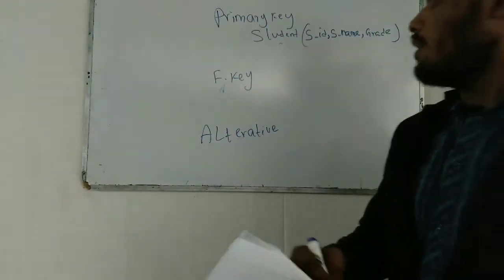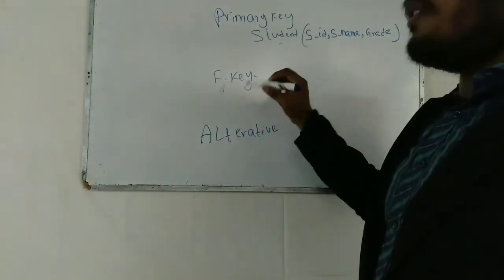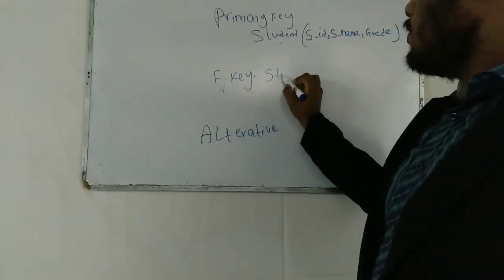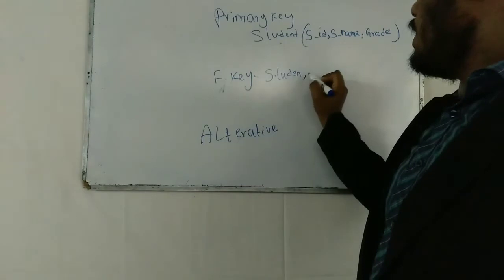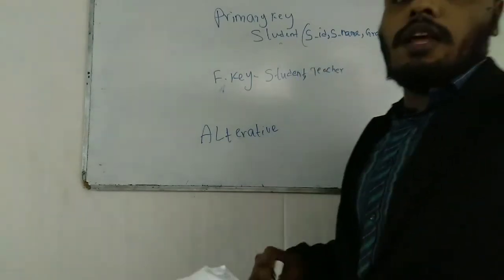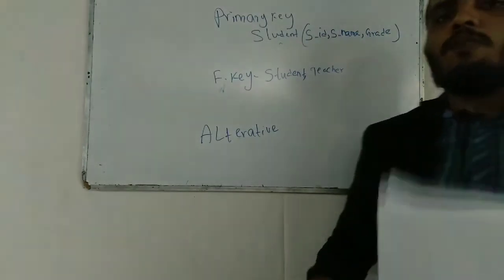So think of a foreign key situation, it comes with a relationship. So if there are two entities called student and teacher, and student and teacher have a one to many or many to many relationship.